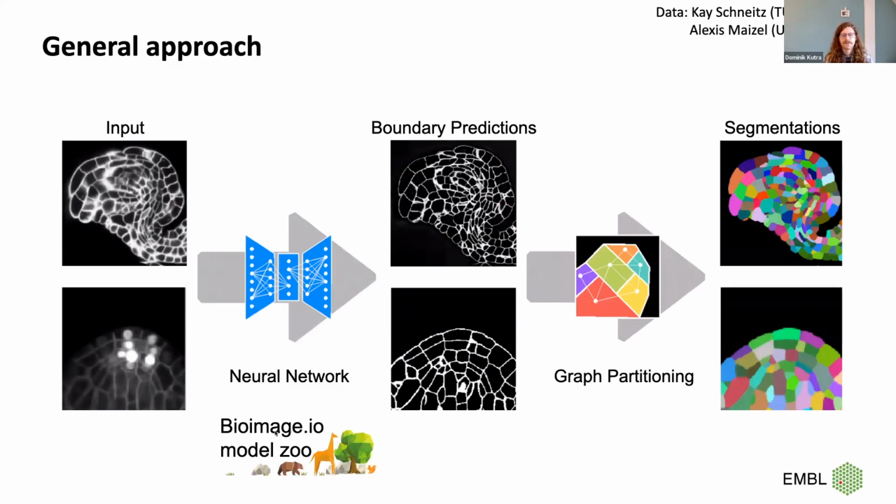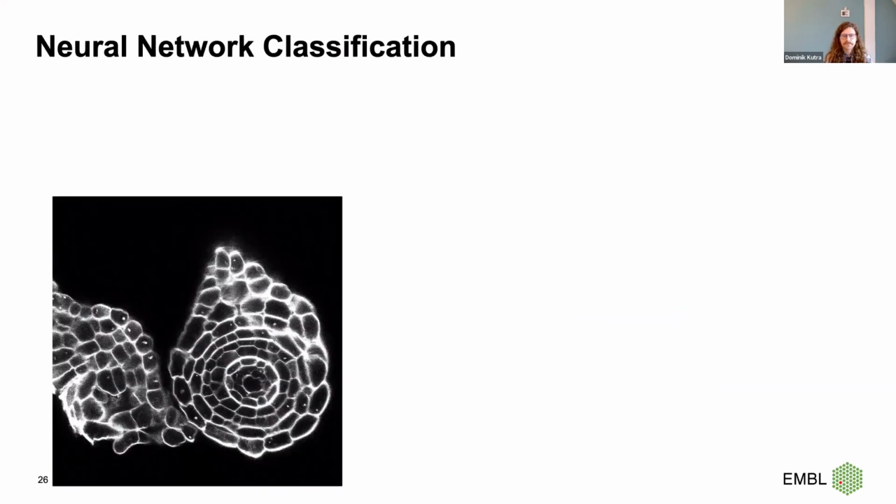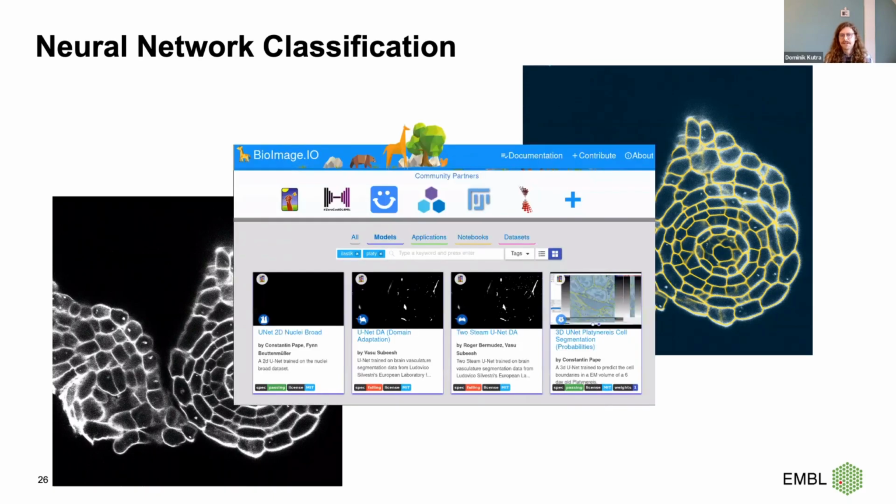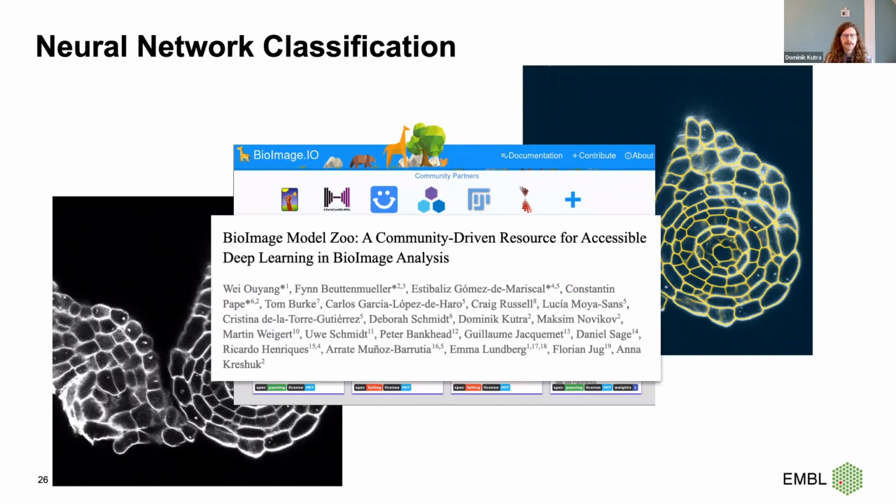In practice, what you do is you have some sort of image. What you are interested in is, for example, a really good boundary prediction, like here. And what you have to do is go to the Bioimage.io website, search for a model that suits your needs, and then run it. This has been in development for quite a while now, but a preprint is already out. And maybe I will show you now in practice how this would work.